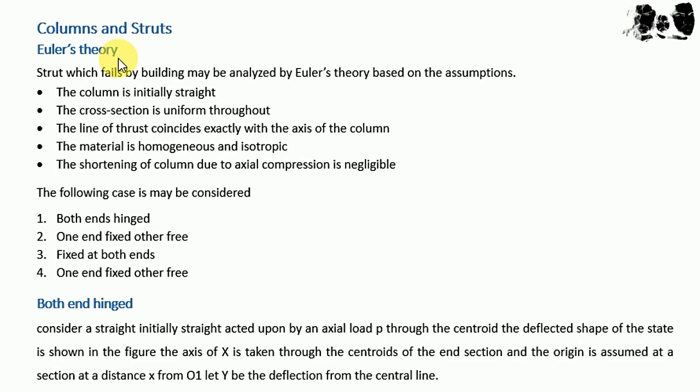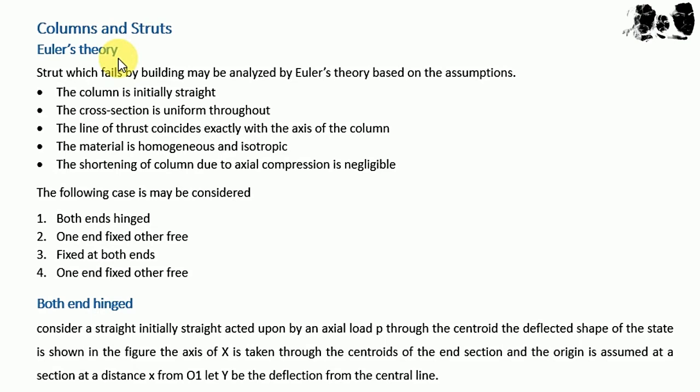So how do they behave, and what is the maximum ultimate load that can make these two structural members fail? The technical word for this is buckling load or crippling load. Buckling or crippling means the load at which the column or strut is going to fail in any specific end condition.